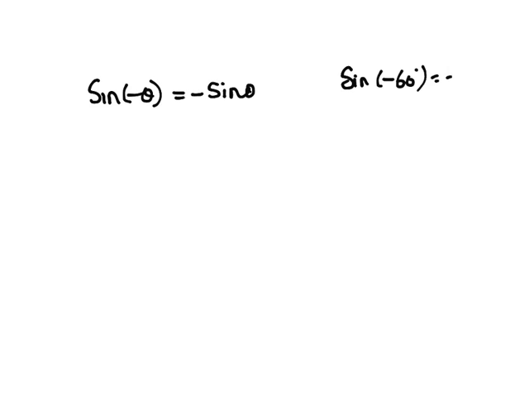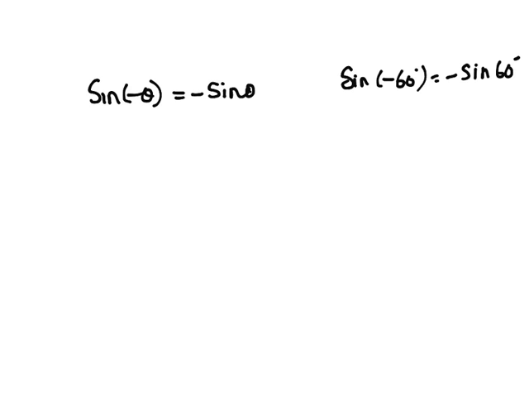Before we progress further, students, you need to know some more properties of negative angles. Sine of minus theta is equal to minus sine theta. So sine of minus 60 degrees is equal to minus sine 60 degrees.